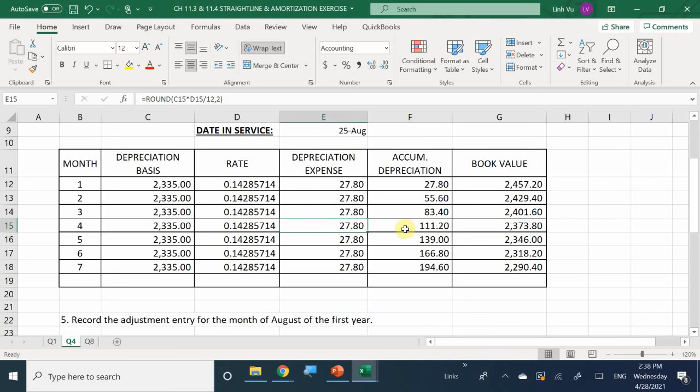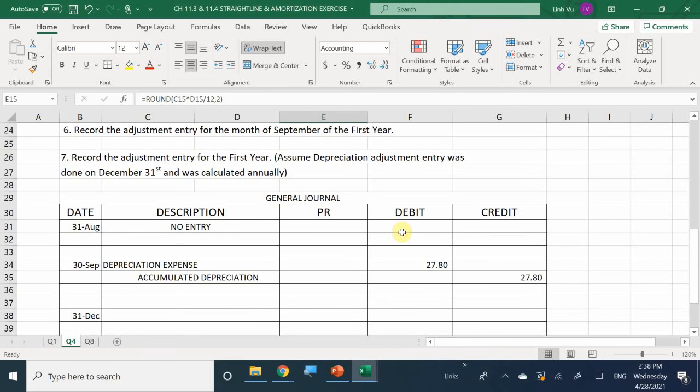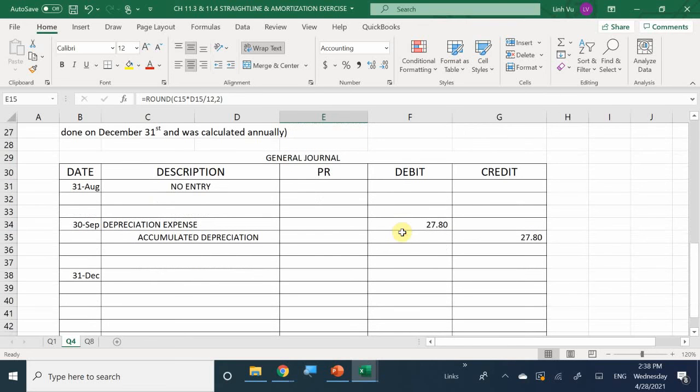So that will be if I decided to switch my adjustments from monthly to annually. If I do it at the end of the year, that's what my depreciation would look like.